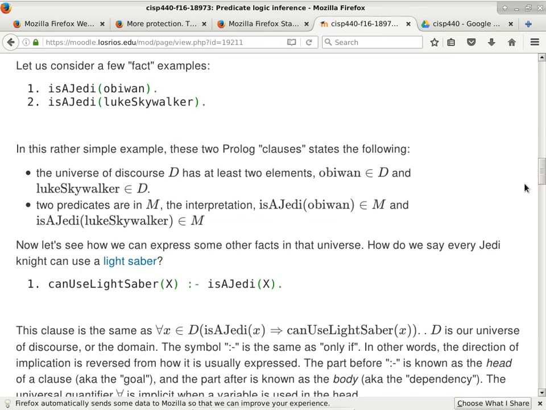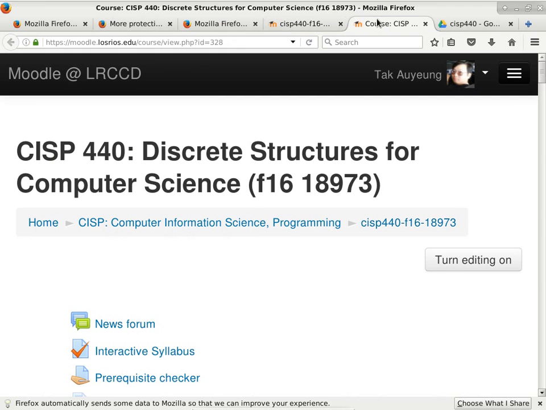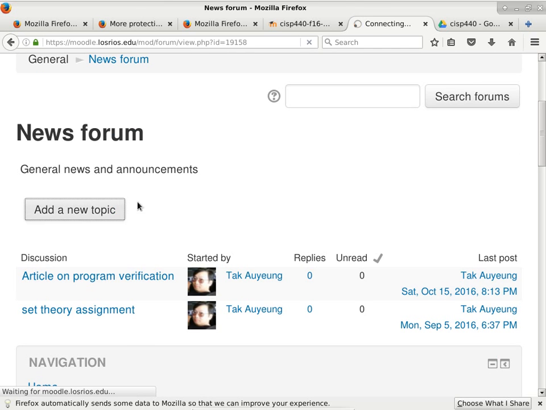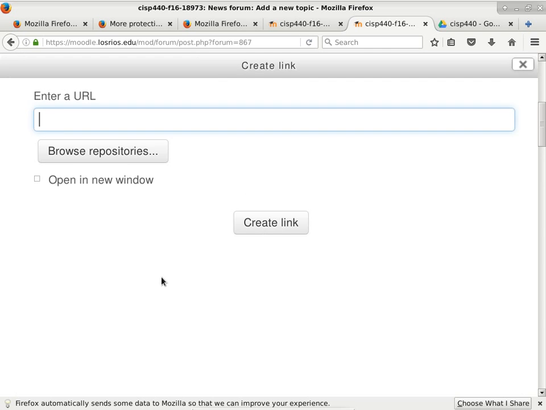Go back to Moodle. Actually, I can do this. Open a new tab. Go to News Forum. Post it here. Okay. Shared class folder in Google Drive. It's right here. Accessibility, people would frown on this.